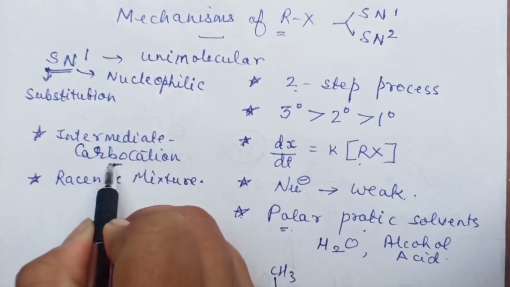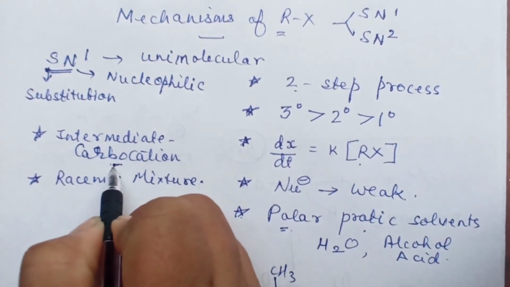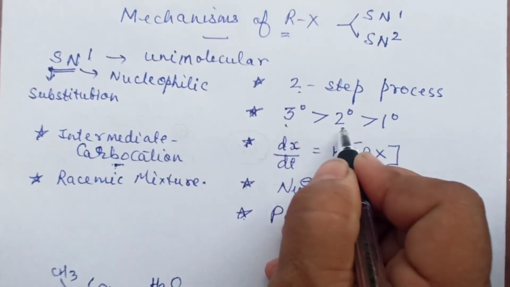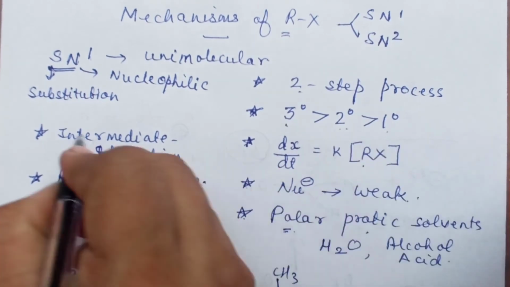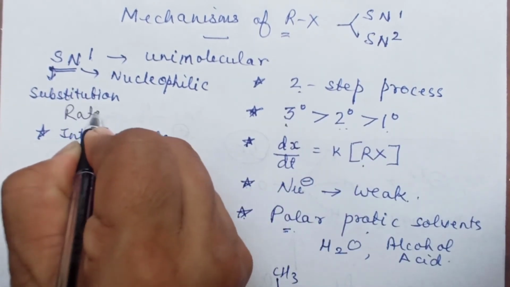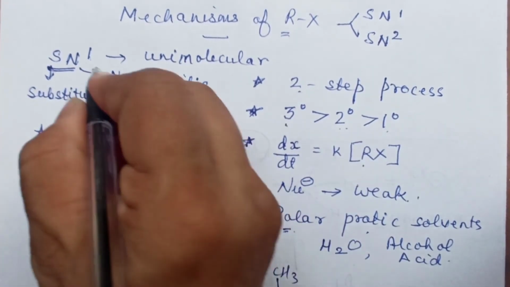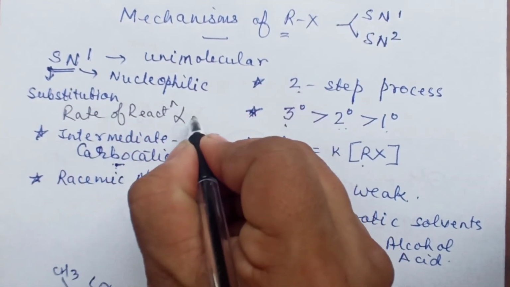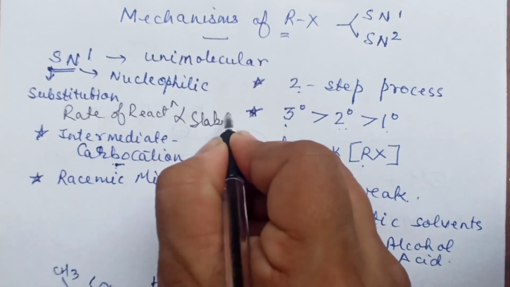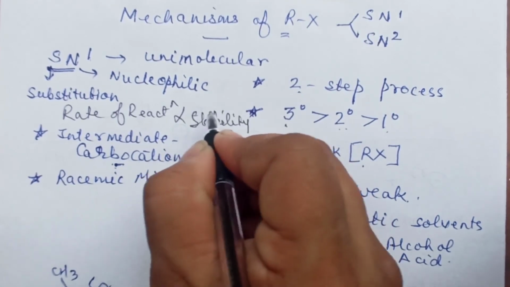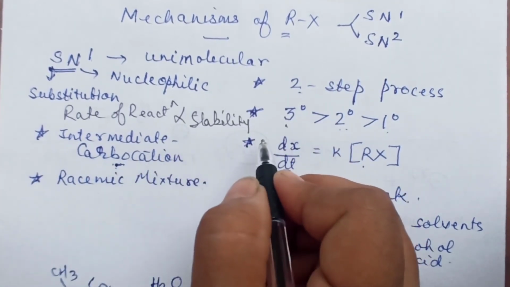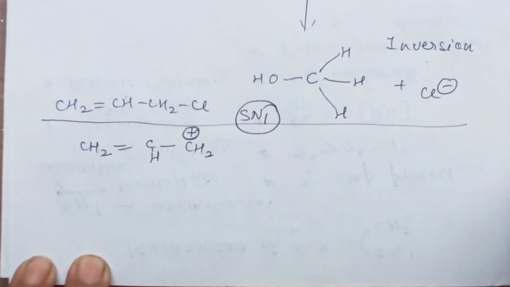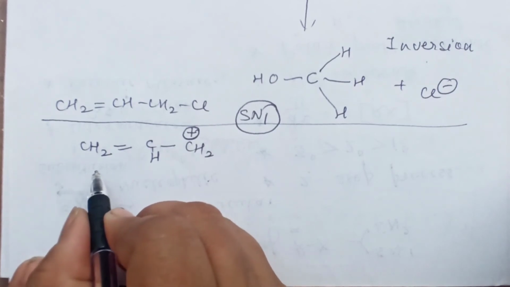Because the carbocation was the intermediate, and we know that 3 degree carbocation is more stable than 2 degree, and then it is 1 degree. So we can say that the rate of the reaction of SN1 is directly proportional to the stability of the carbocation. Because the carbocation formed in 3 degree was most stable, that is why this was the reaction which was taking place, right? Now, we'll again come back to this question.